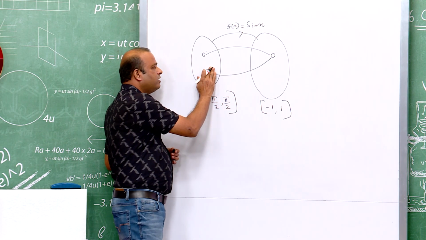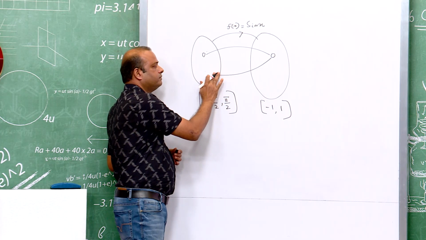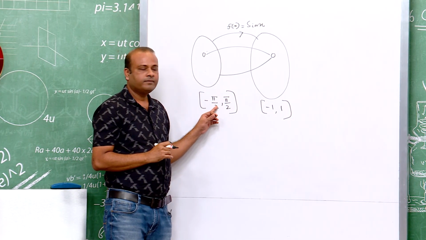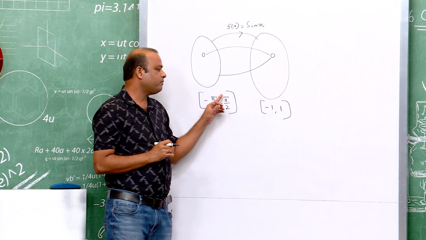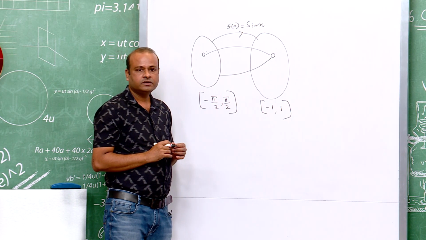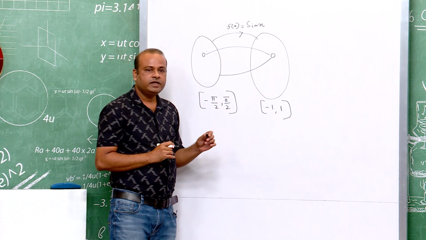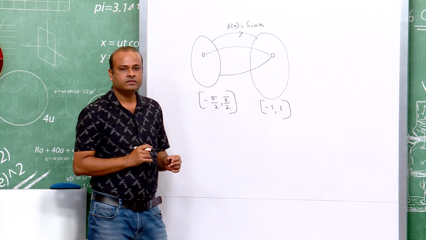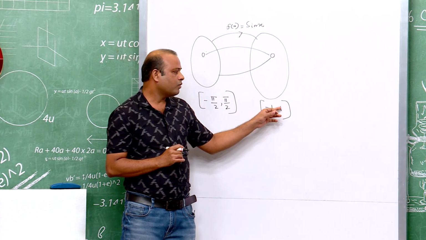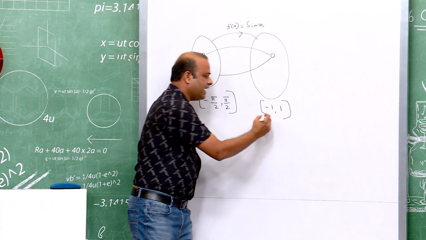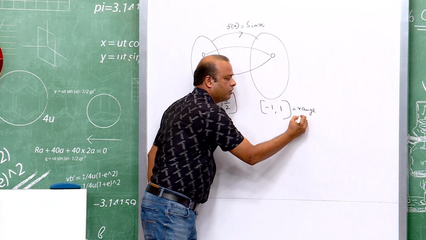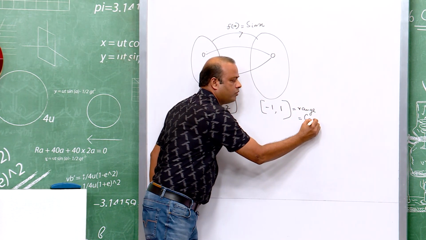Now, here there will be no pi, and for every point from minus pi by 2 to pi by 2, there is a unique image in the range set, minus 1 to 1. You take it as a range which is also equal to codomain.